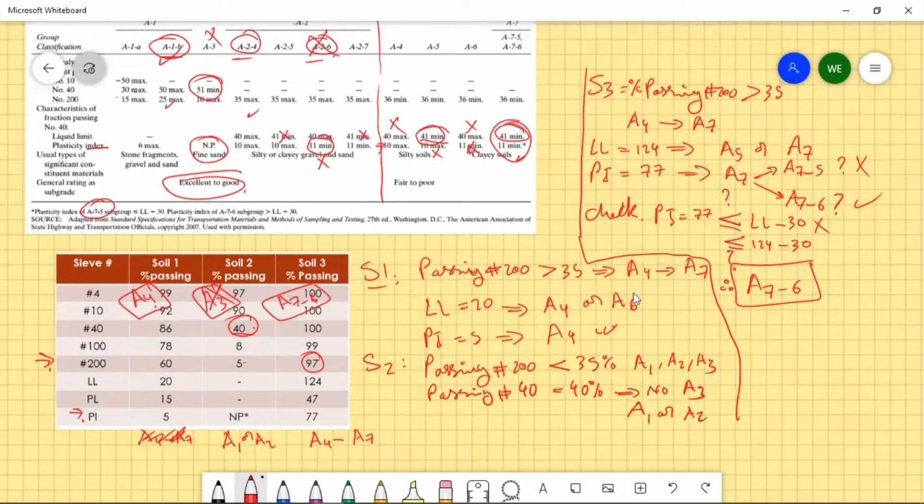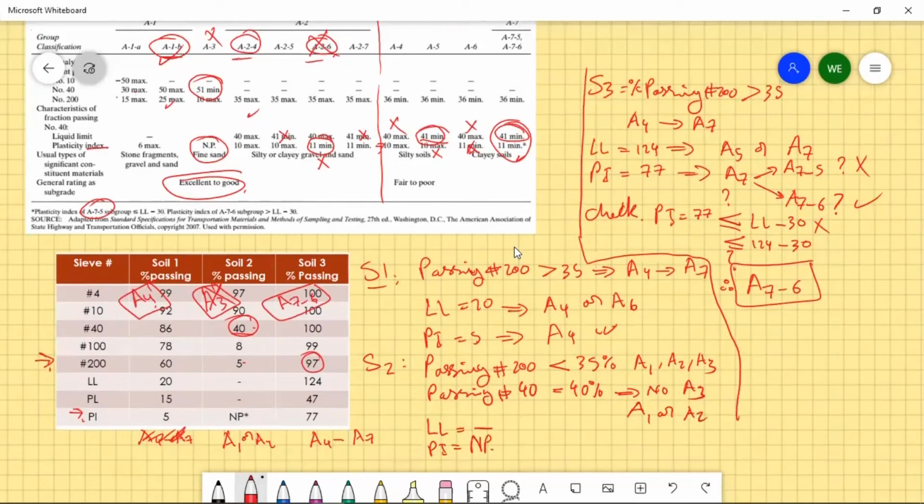Now let's check A2. The liquid limit, no liquid limit, plasticity index, no plasticity index, no plasticity at all.